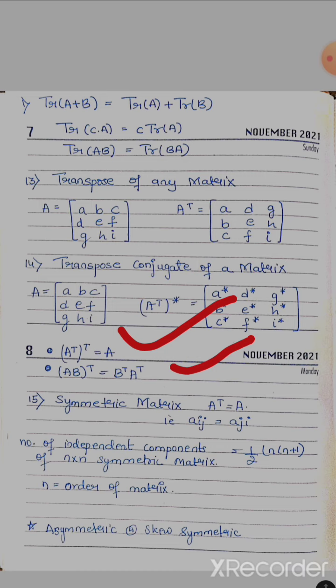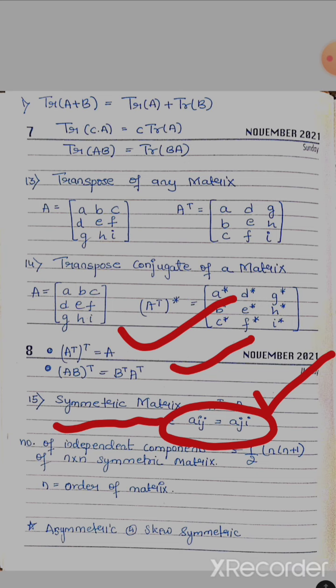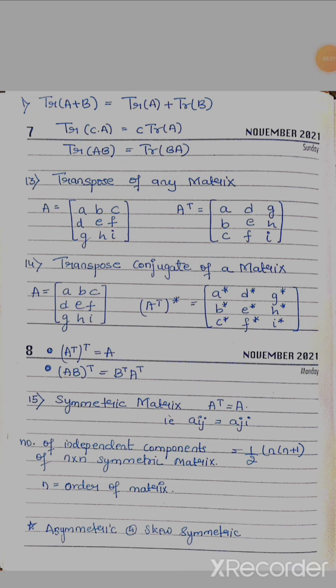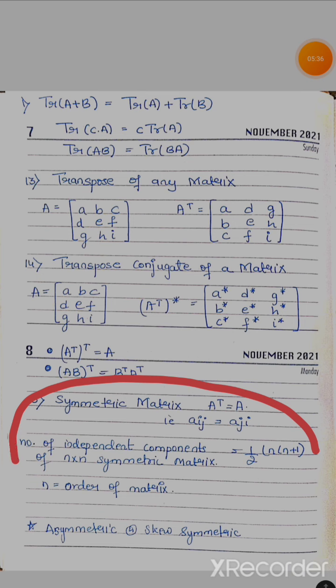Next, the symmetric matrix, that is A transpose is equal to A, if Aij is equal to Aji. This is our symmetric matrix. To find the number of independent components in the symmetric matrix, see, this is important.